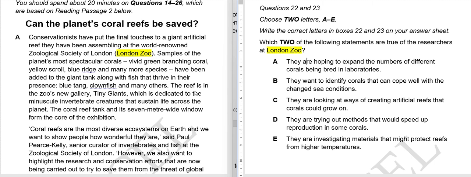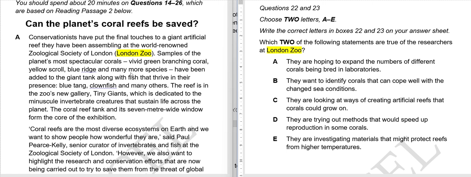Blue tang, clownfish, and many others. The reef is in the zoo's new gallery, Tiny Giants, which is dedicated to the minuscule invertebrate creatures that sustain life across the planet. The coral reef tank and its 7-meter wide window form the core of the exhibition.